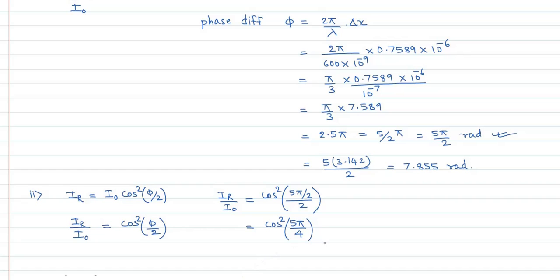If you simplify, you will have minus 1 by root 2, bracket square. So the ratio will be 1 is to 2, or 1 by 2, since 1 by root 2 square is 1 by 2. Clear, students?